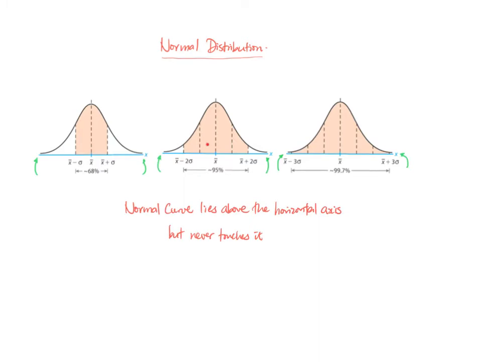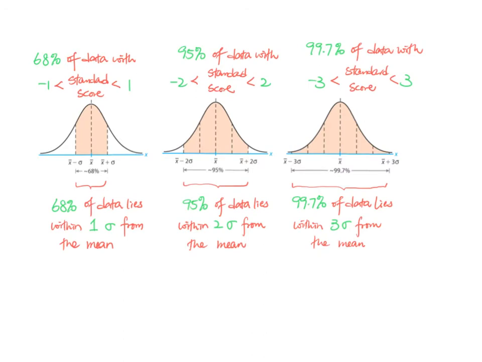The normal curve always lies above the horizontal axis, but if you look at the tails here, they never touch the axis. And more importantly, it measures that 68% of all data lies within one standard deviation from the mean. So the standard score would be between -1 and 1 for those data.